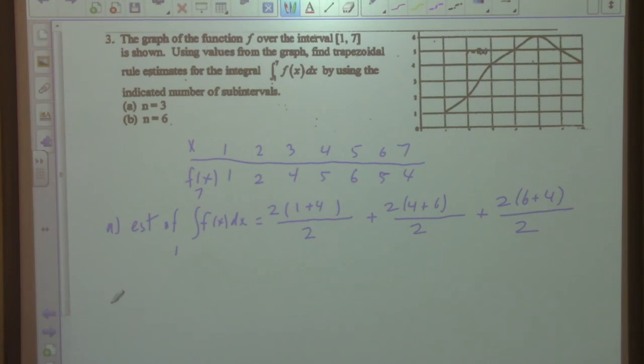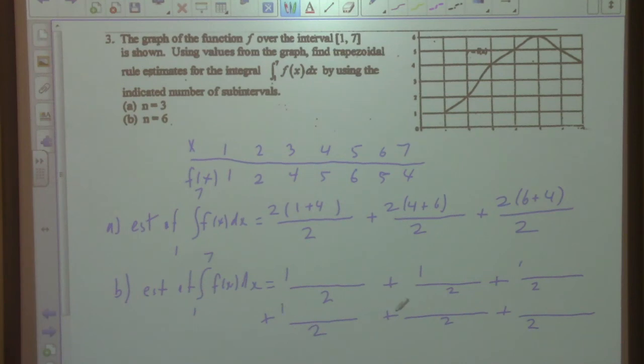And what is part B? Well, it's just the same sort of thing, but for each interval. So just 1, 2, 3, 4, 5, 6, plus 4, plus 5, plus 6. This time the height of each trapezoid is going to be 1.